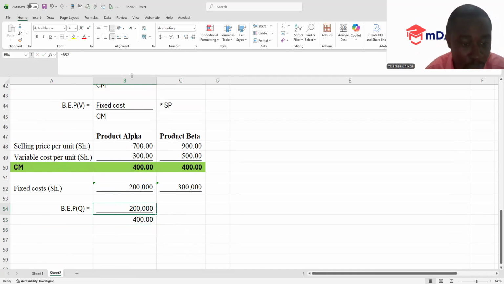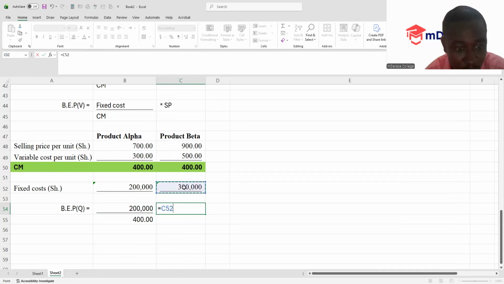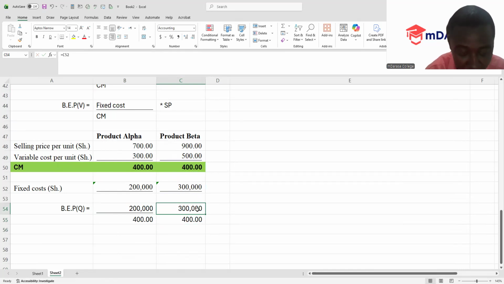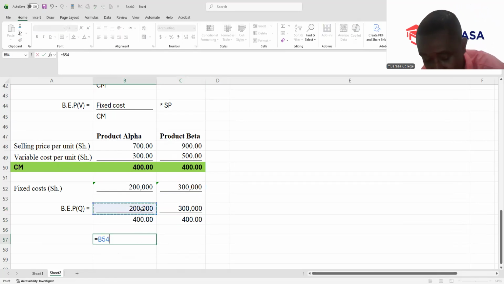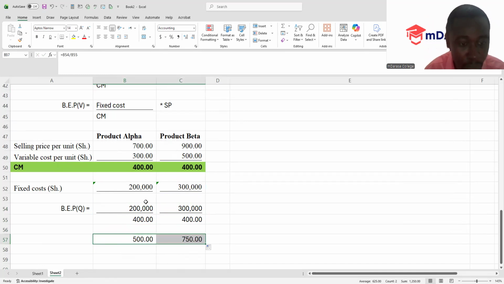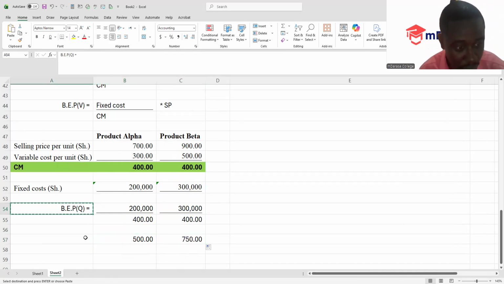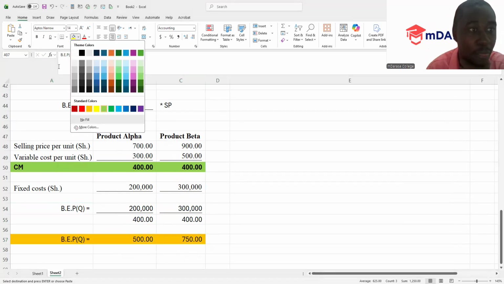For the other product, beta, it is the same case: fixed cost divided by contribution margin. So we have all our sets right, and these are the break-even point in quantity, the first case the examiner wanted us to determine.